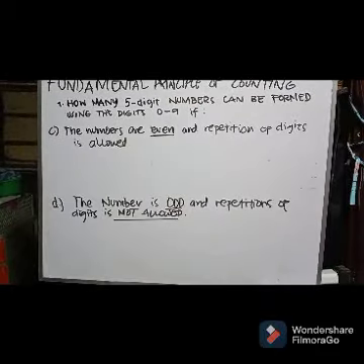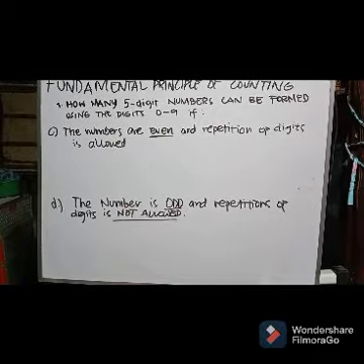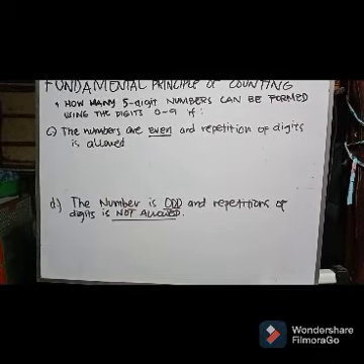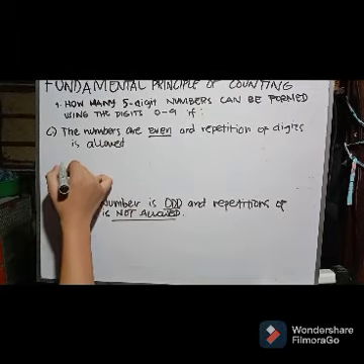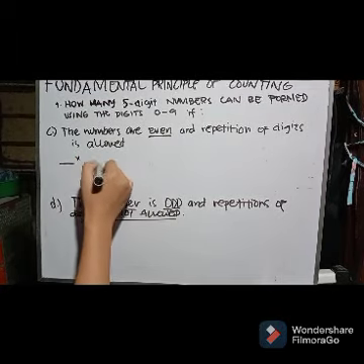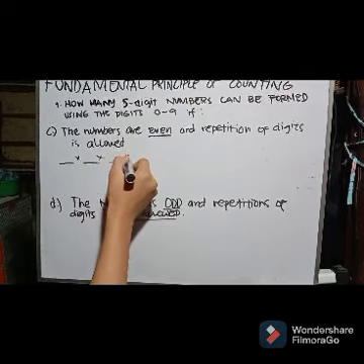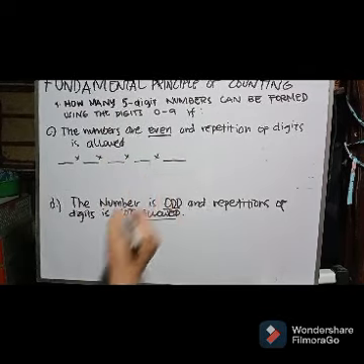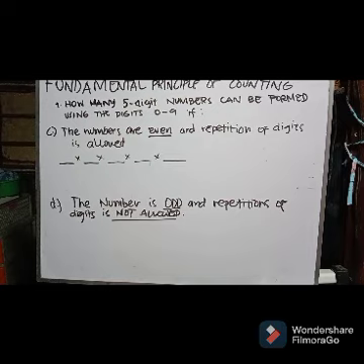So the next condition, letter C, is the numbers are even and repetition of digits is allowed. So 5 digits again. It says the numbers are even, so it should be even at the last.